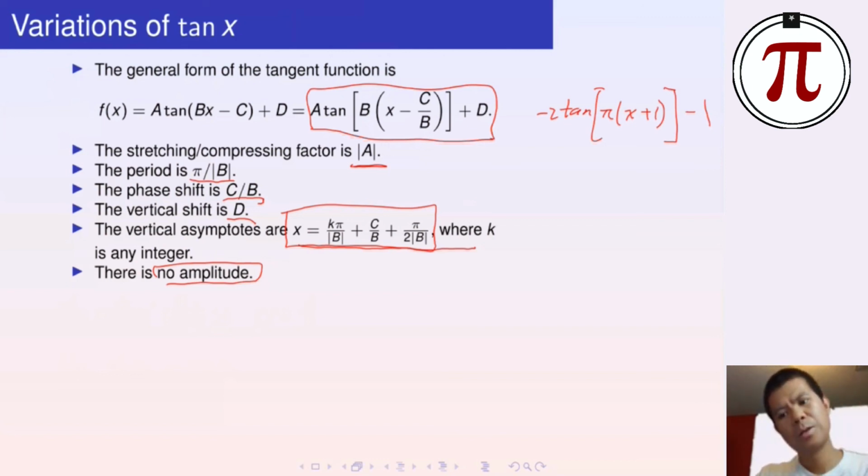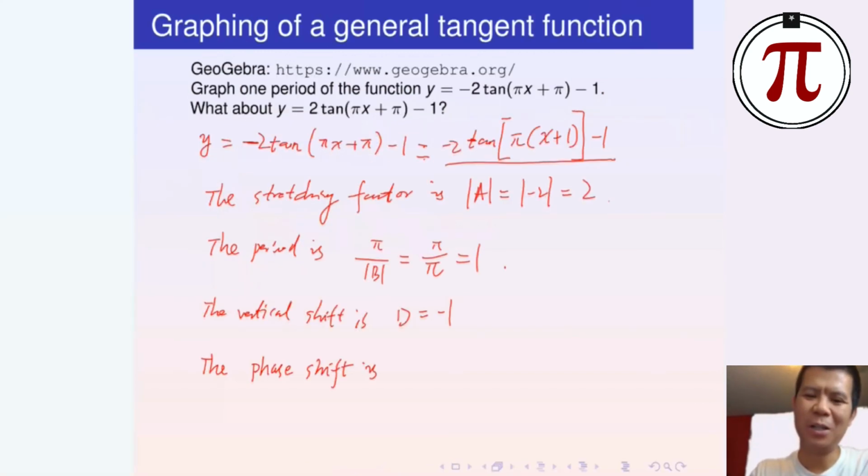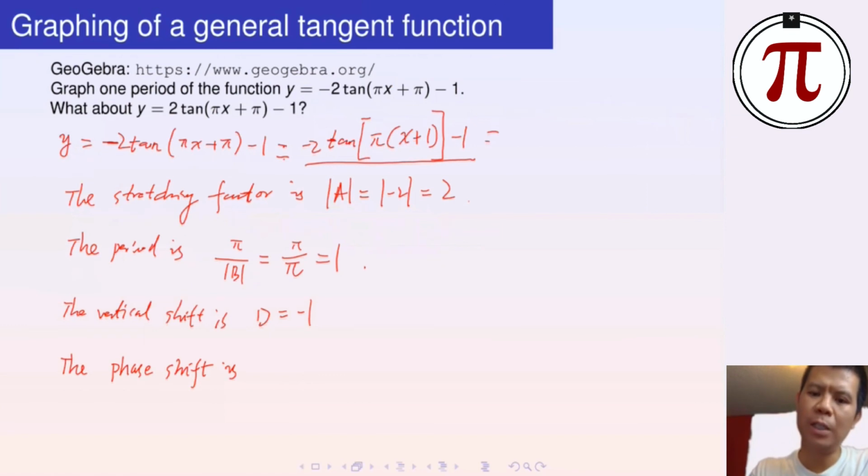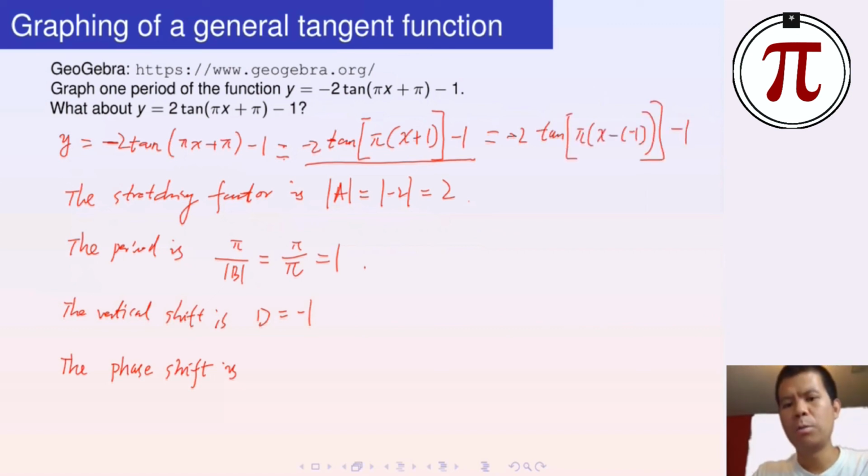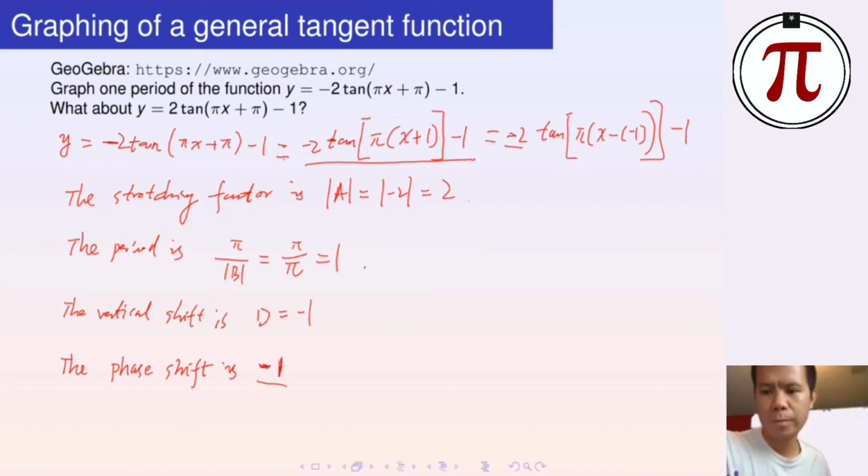Don't you have to factor out pi? Yes, exactly. So you have to do one more step: -2 tangent of pi times (x plus 1), minus 1. Now everything will be clear. The phase shift now is -1. The shift is -1.